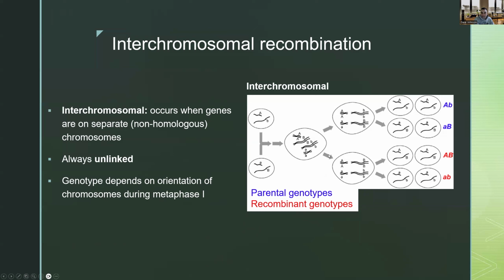Let's look at this particular set of sex cells coming together. We get big A, little b, and then little a, big B. These are what we would refer to as the parental genotypes. They fuse together, and this is the offspring, the zygote for their child.